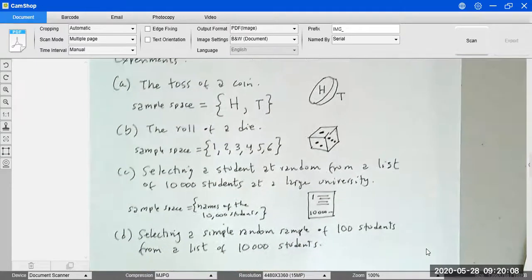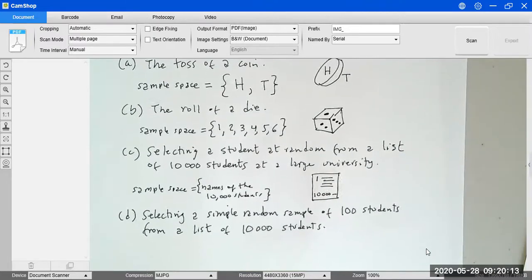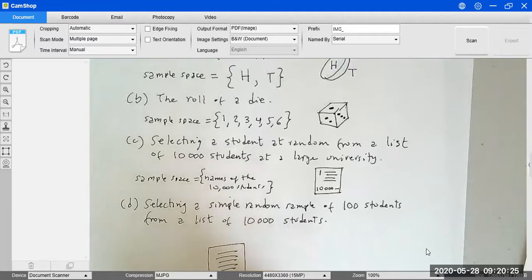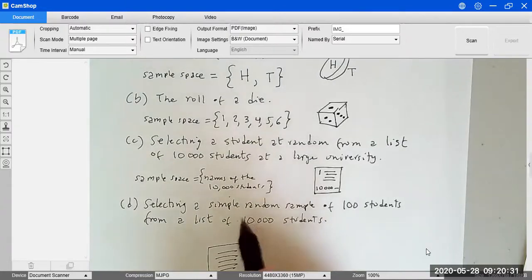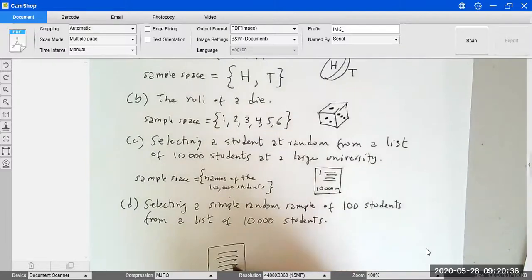Now, we need to be careful with the last problem because it might be confusing. So selecting a simple random sample of 100 students from a list of 10,000 students. So there are here 10,000 students in this list, but what we're gonna do is we're gonna select a simple random sample of 100 students. So we're gonna create it by sampling.